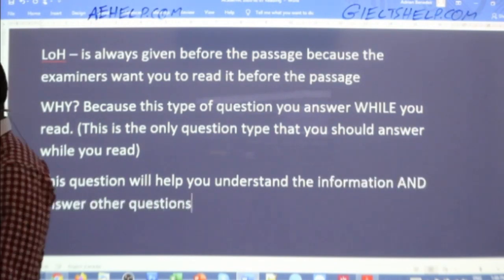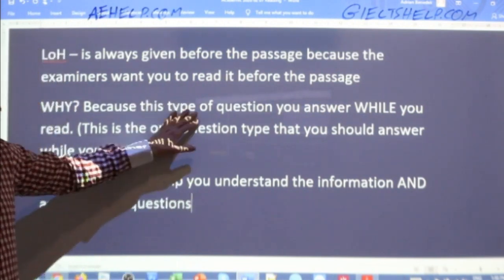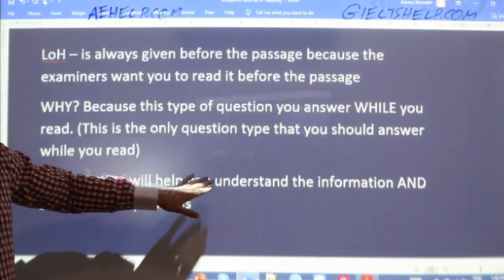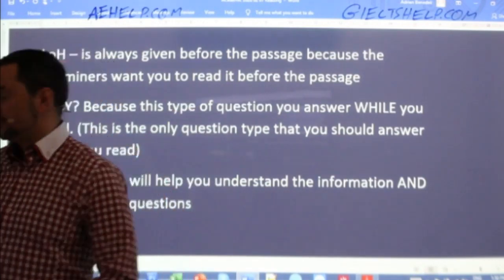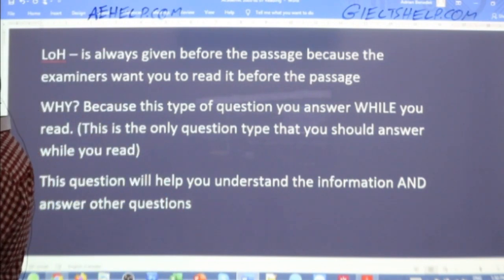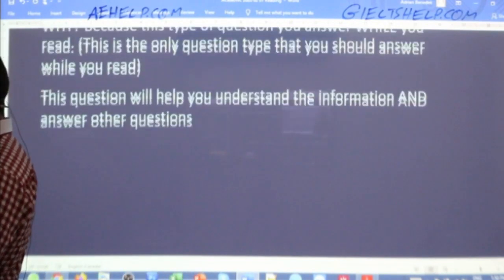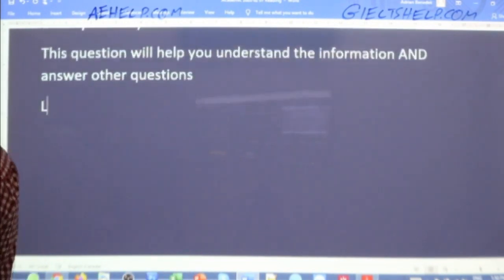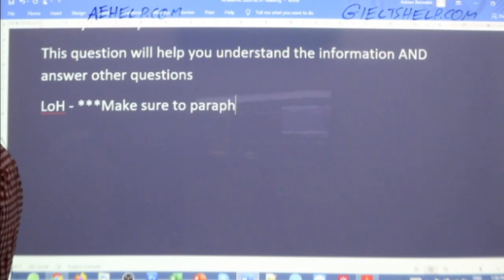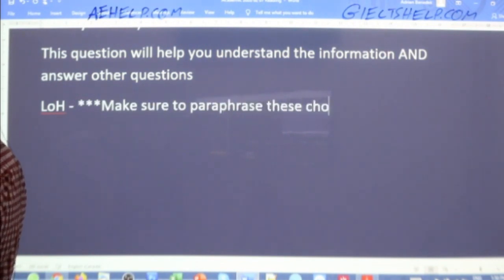So reason number 1, because you answer while you read. Reason number 2, because it helps you with other questions and understanding. All right. So now with these list of headings questions, as Amira correctly put it, it's very important to paraphrase. Make sure to paraphrase these choices while you read.